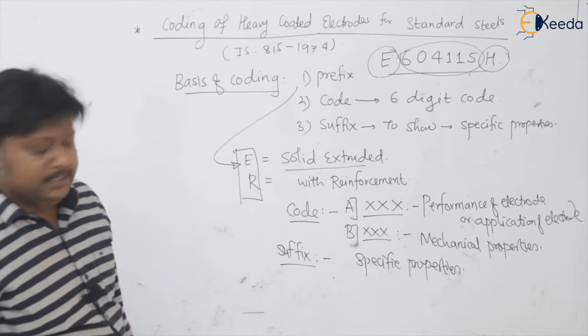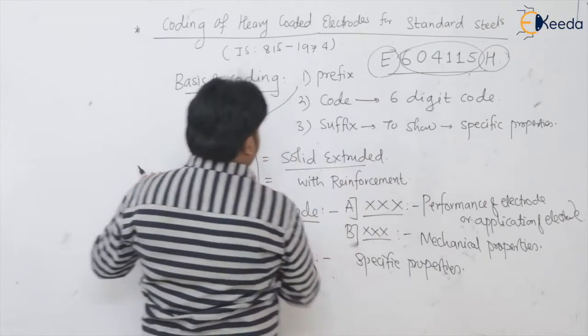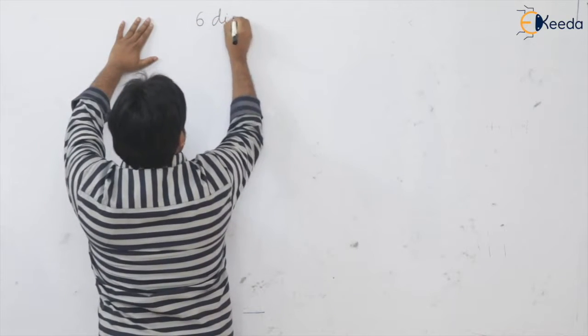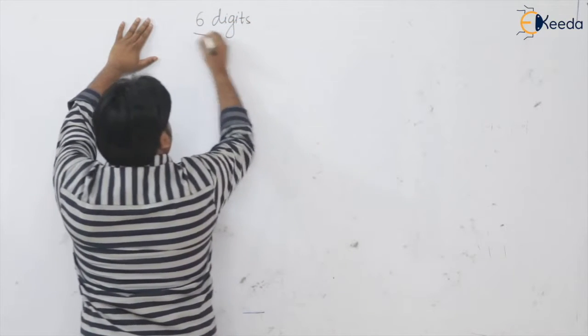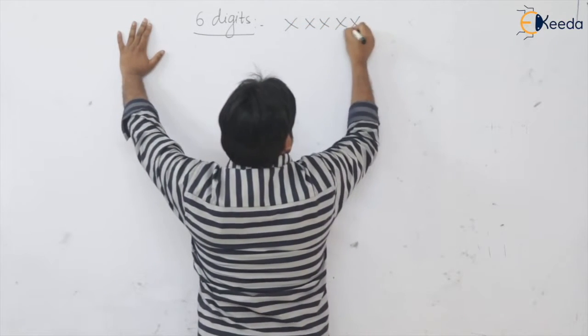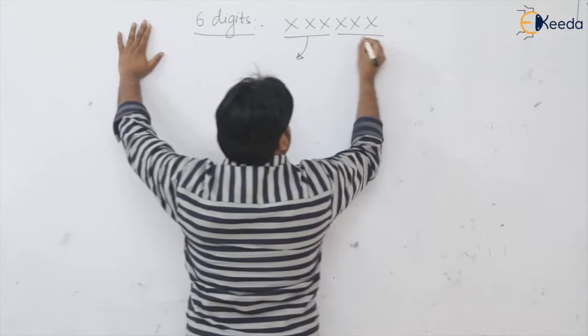So let us see what the actual codes are indicating. The 6 digits, 1 2 3 4 5 6. Out of these, what will the first 3 indicate?